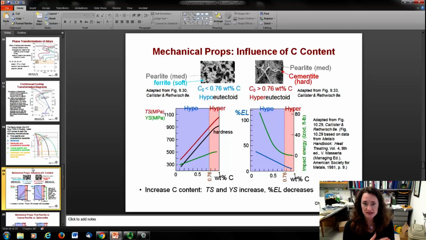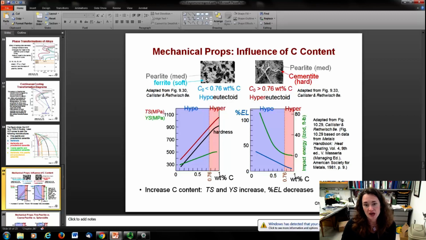Remember that if you're less than 0.76% by weight of carbon, then your proeutectoid particles are going to be ferrite. And if you're greater than 0.76% by weight carbon, then your proeutectoid particles are going to be cementite. Now, cementite is a much harder and more brittle material than ferrite. Okay, ferrite is softer, more ductile.